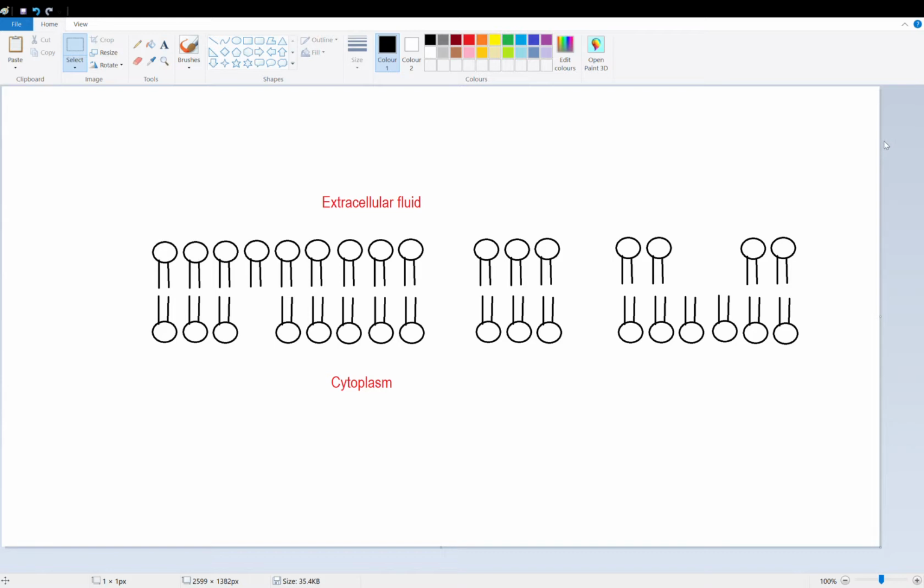Alrighty guys, so I'm going to show you how to draw the fluid mosaic model today. As you can see, I have already drawn in my phospholipid bilayer and labelled my extracellular fluid and cytoplasm. So I'm just going to label the phospholipid bilayer like this.